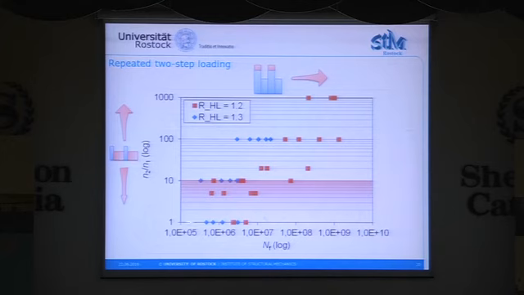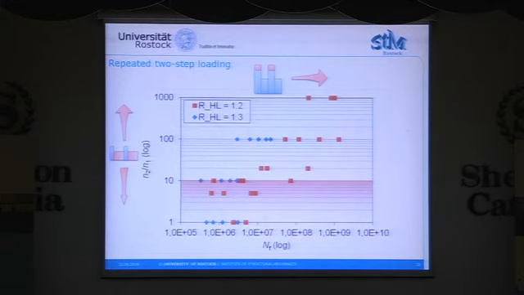It means for 1 we have the same number of cycles in each block. But if this is increased, that means we have a lot of small amplitudes below the fatigue strength, the number of cycles to failure increases as we expected. But there is a difference between the block loading ratios.